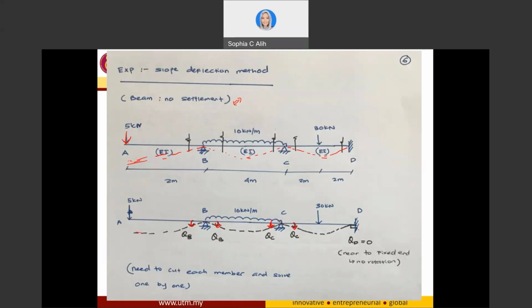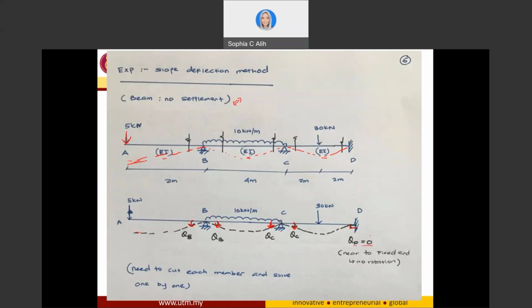Since this is a fixed end, there is no angle of rotation at the end of D. So fixed end means theta D equals 0. Only a short distance away from D will you have some angle of rotation, but near the support, you will have theta D equal to 0.